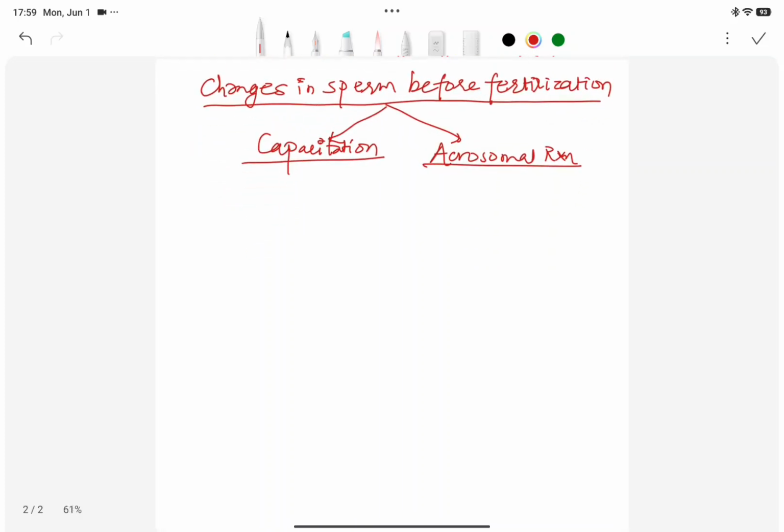So, what is capacitation? It is the gain of ability of sperm to fuse with the secondary oocyte.